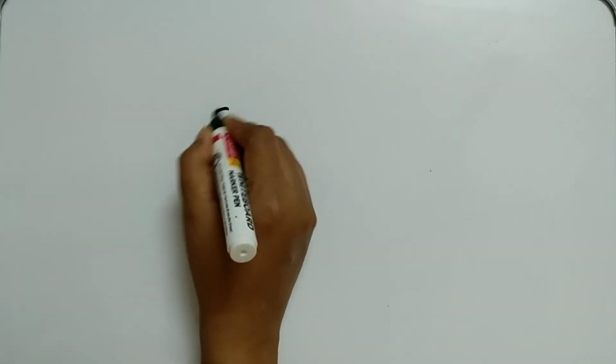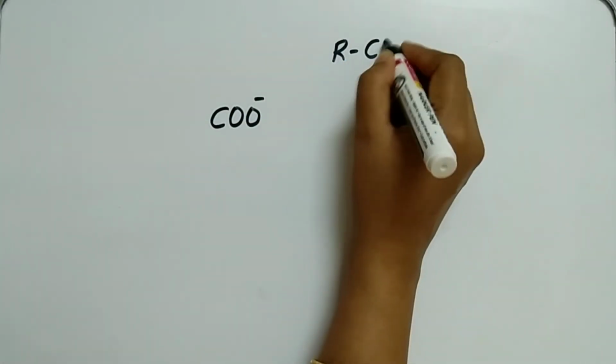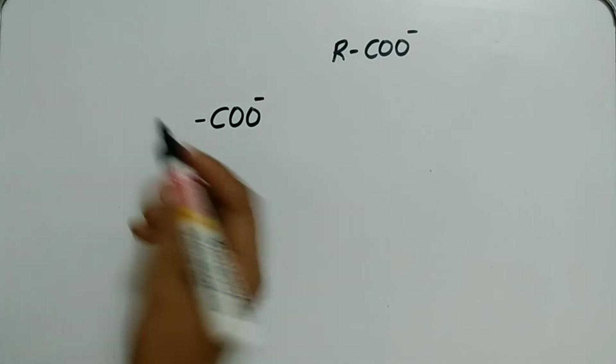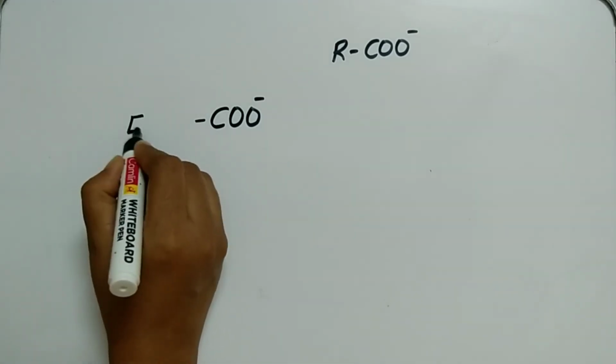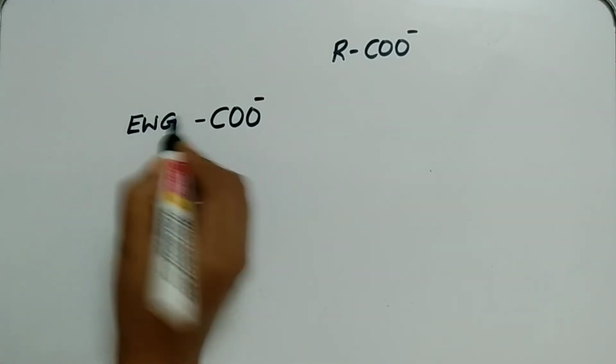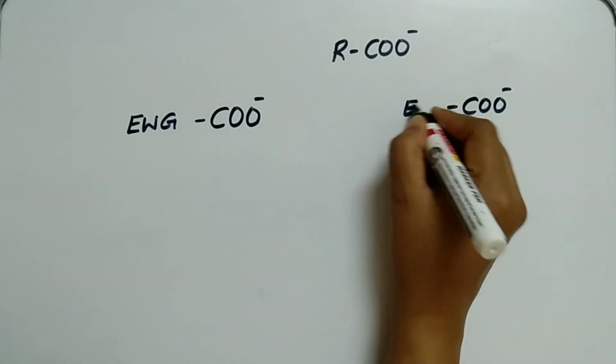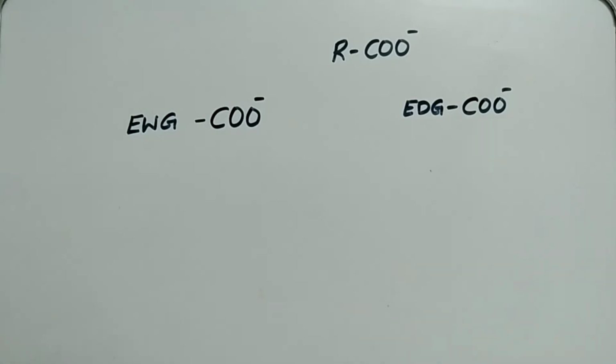I told you about the carboxylate ion. Correct, carboxylate ion, that is RCOO minus. Now into this, if the R group is substituted by any EWG, correct, or if the R group is substituted by any EDG, right.